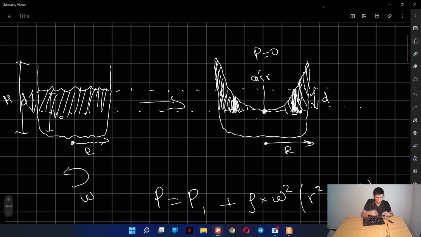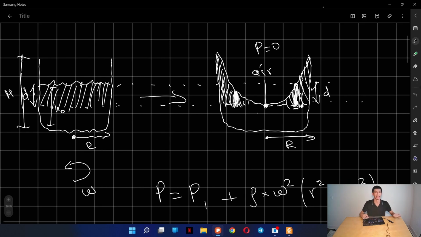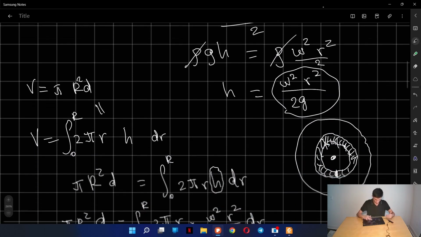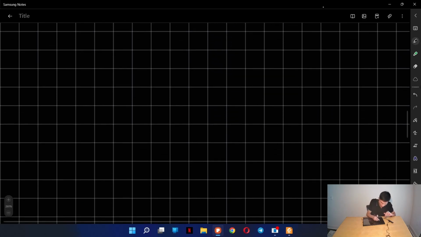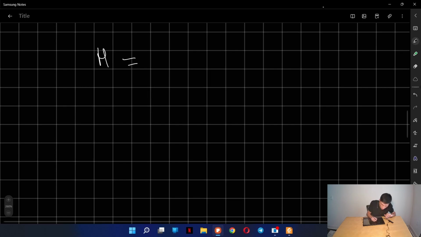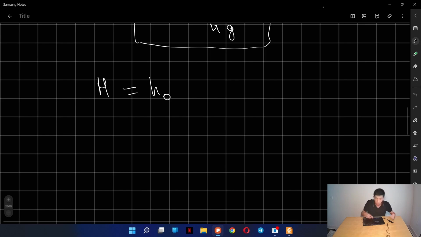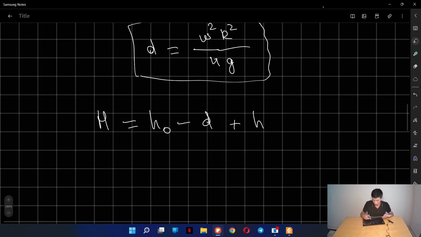If we subtract our decrease from our initial height and add our increase of liquid level, it should equal the big H, which is the height of the cylinder. So the height of the cylinder should be equal to the initial height of the liquid minus d, which is how the liquid level decreases, plus h.